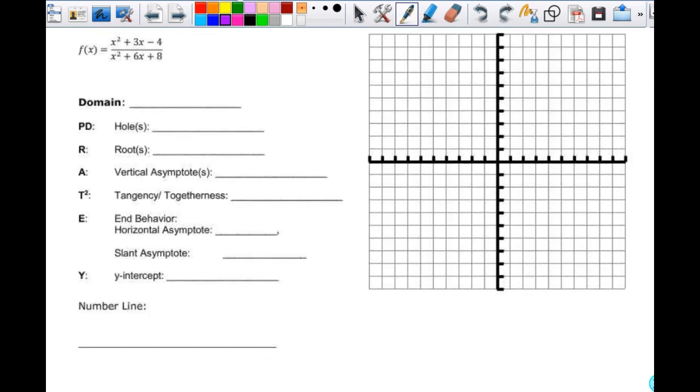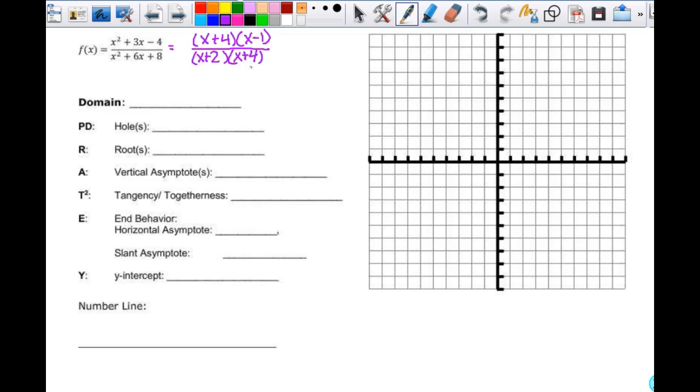I need to factor it so I can figure out the domain. So the numerator is going to factor into x plus 4 times x minus 1, over x plus 2 times x plus 4.